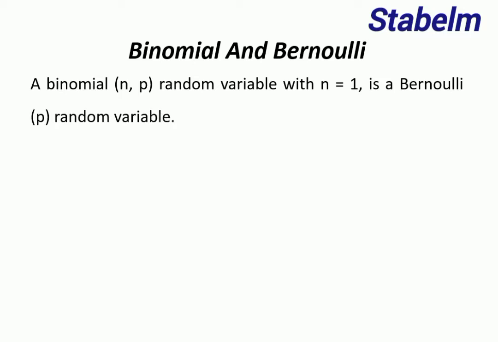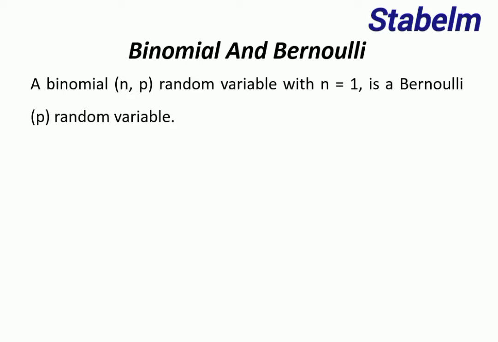In a binomial distribution, n runs from 0 to positive infinity. Now, in a case where n equals 1, this binomial distribution will become a Bernoulli distribution with parameter p.